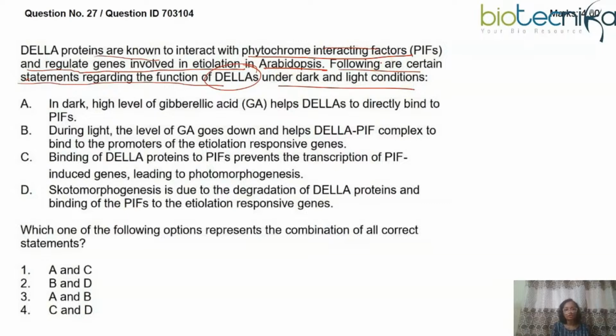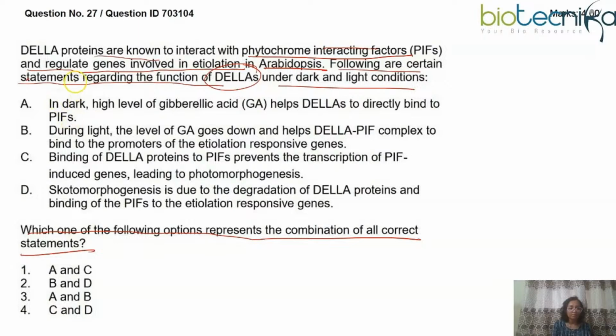So we are now going to see the interaction of the gibberellin signaling pathway in dark and in light. Now 4 statements are given and you want to find out which one of the following options is the correct combination of statements. So let's look at the statements one by one. Let's look at the diagram and you will understand whether each statement is true or not.